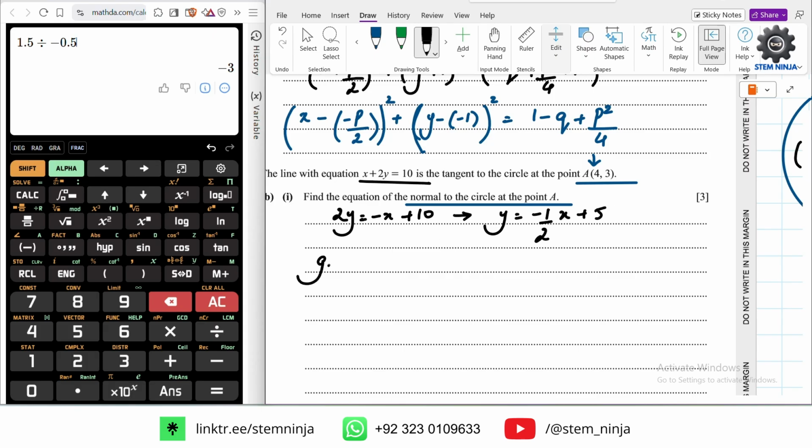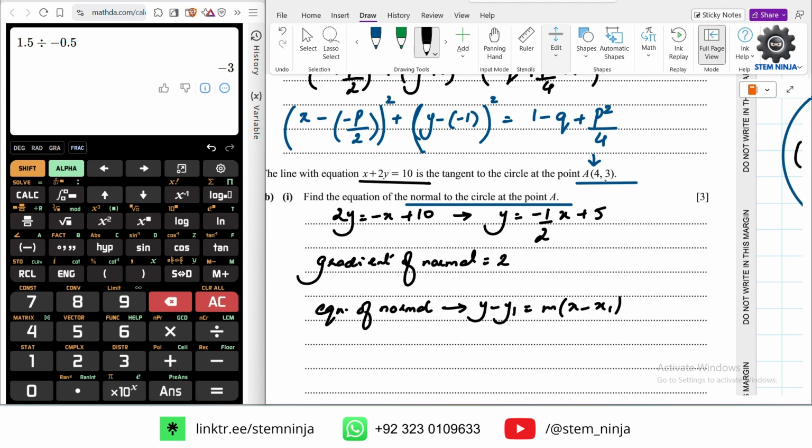So now the gradient of the normal is just simply 2. So the equation of the normal would be y minus y1 equals m times x minus x1.